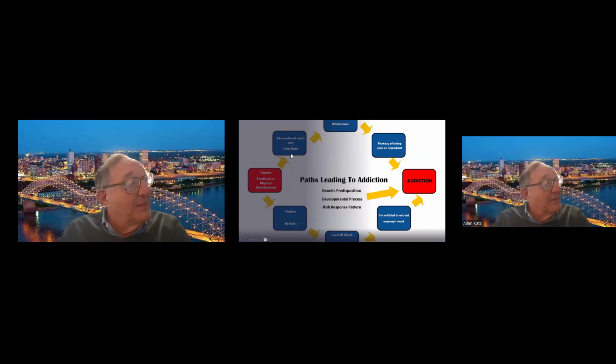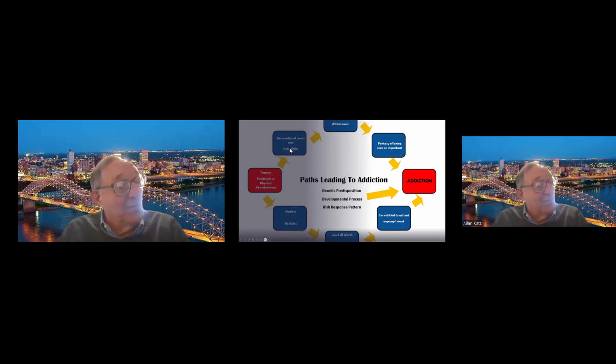If we go up, there are no emotional needs met and strict rules. So the client, the addict, withdraws, and then the fantasy of being seen or important, and then that leads to addiction.